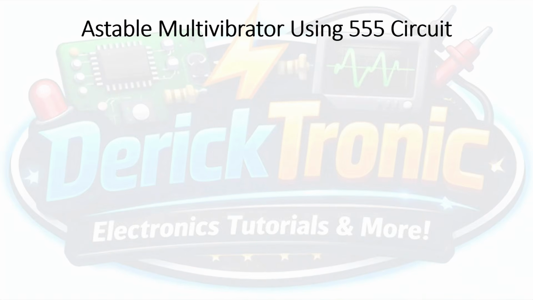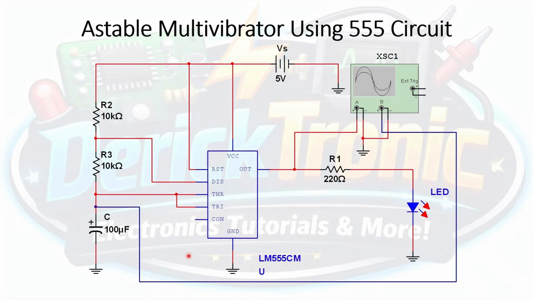The schematic diagram of our astable multivibrator circuit utilizing a 555 timer would look like this. As you can see in this diagram, we have the 555 timer here in the middle. Let us add the pin numbers to the diagram. Now, pin 1, which is the ground pin of our 555 timer, and pin 8, which is the VCC pin, will be connected to ground and the positive terminal of our power source, which is a 5-volt DC supply, respectively.